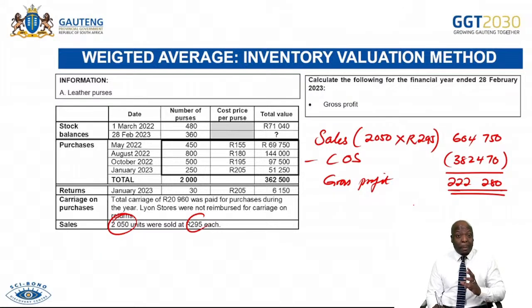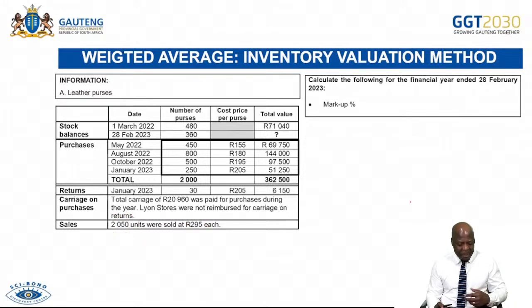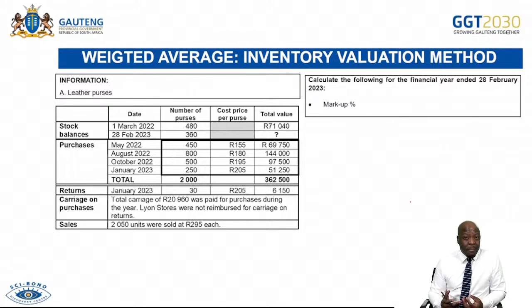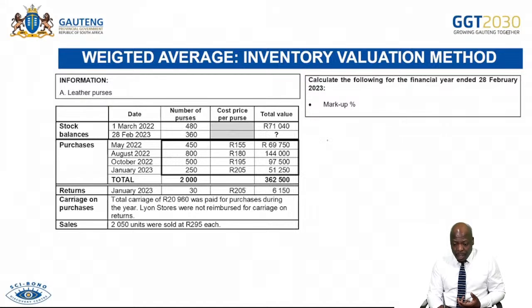And let's take it a bit further now. Once you have your gross profit, you should be able to calculate your markup percentage. Okay? How do you calculate markup? Very easy. Do you remember? What is the formula to calculate markup? You would say it is your gross profit over your cost of sales. Multiply this by 100/1. Your gross profit, remember we had the gross profit. How much was that?